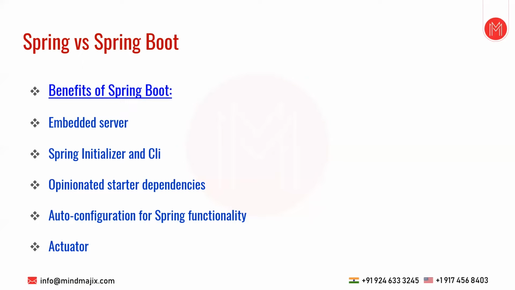I mean, we need not pass any XML code. We need not write any annotations. I mean to say, instead of 3 or 4 annotations, we just pass only one annotation. So that is called auto configuration. Spring Boot comes by default with configuration information. And Spring Boot contains an actuator, which is used to monitor your Spring Boot application in every corner.